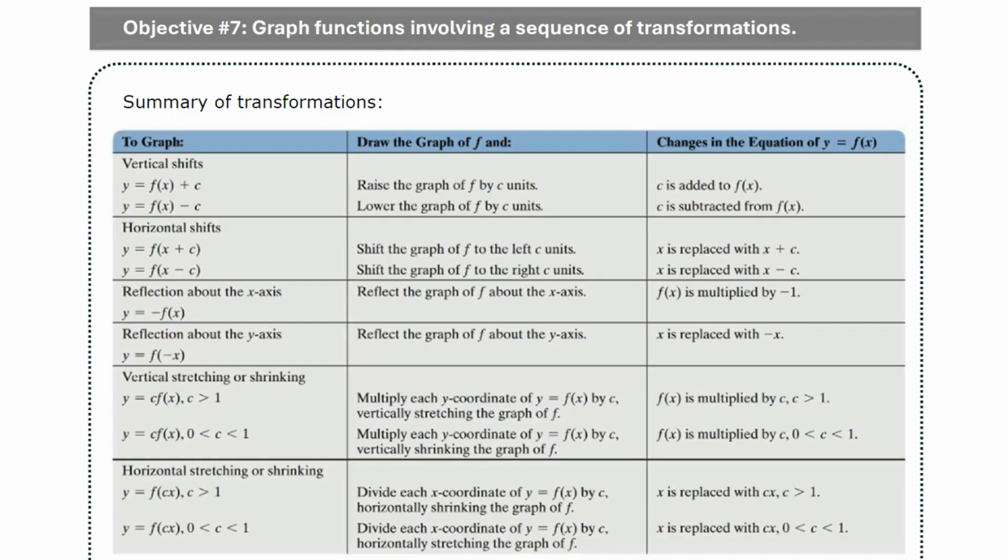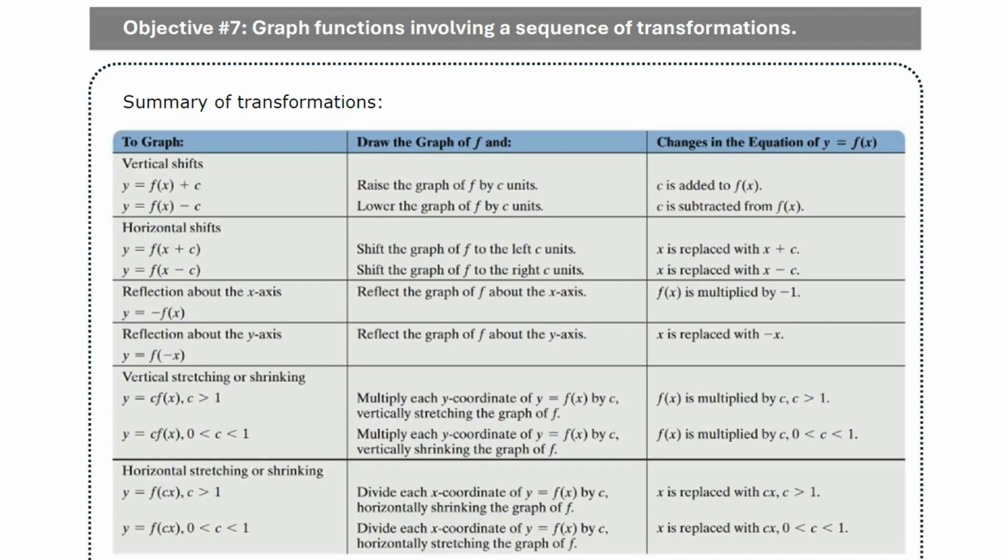Okay. Now, the second column here gives you direction on how to draw the graph of f for each of these transformations. And the third column here tells you the changes in the equation that are occurring. For example, if we have f of x plus c, the change in the equation would be c is being added to f of x.